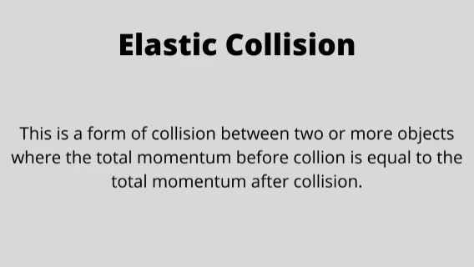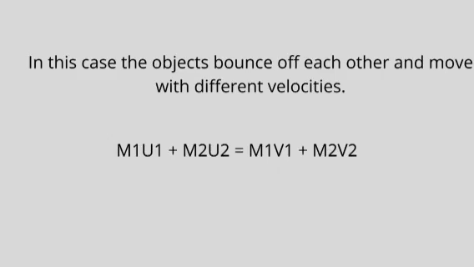Elastic collision has to do with the collision of two or more bodies where the total momentum before collision is equal to the total momentum after collision. Now, in elastic collision, the total kinetic energy before the two objects collide is equal to the total kinetic energy after the two objects collide.